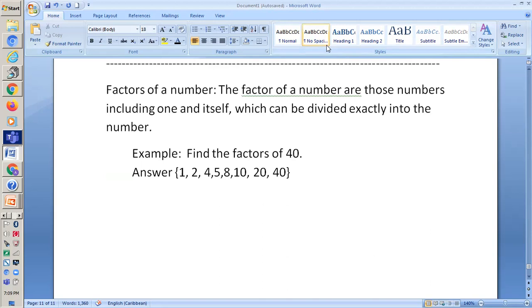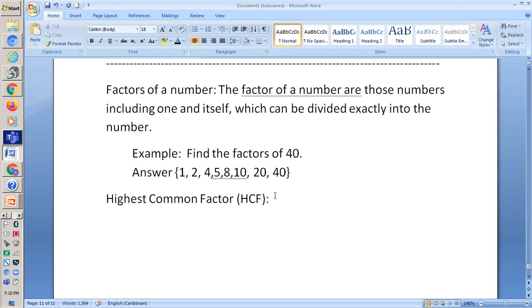All right, so those are factors of a number. Now, you have something called highest common factor, or as you know, popularly known as HCF.